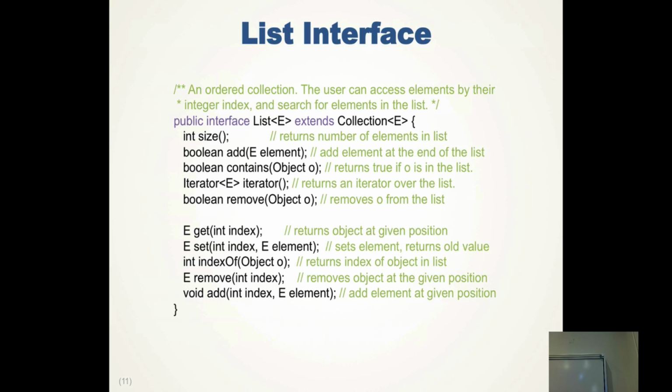The one that's on here, contains, you put it down. If you don't put it down, I won't be upset with you, because that actually comes from the collection interface. That's where it's defined, because you should be able to search a collection to say, does this collection have this state?